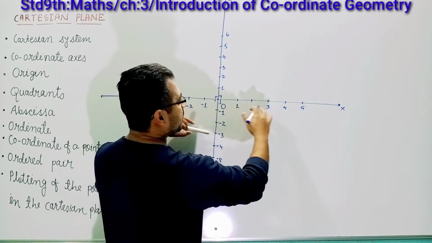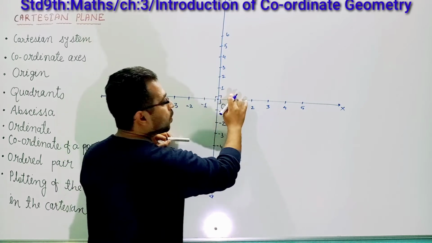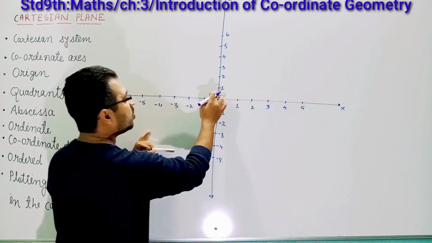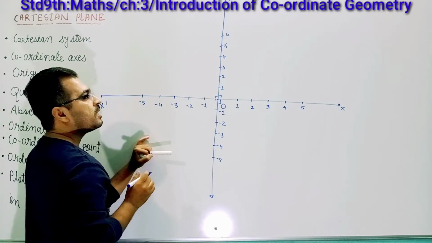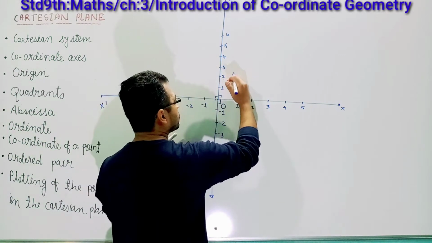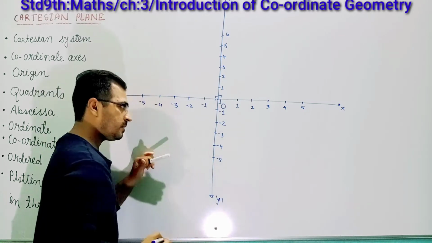Students, the positive x-axis is OX, the negative x-axis is OX dash, the positive side of the y-axis is OY, and the negative side of the y-axis is OY dash.